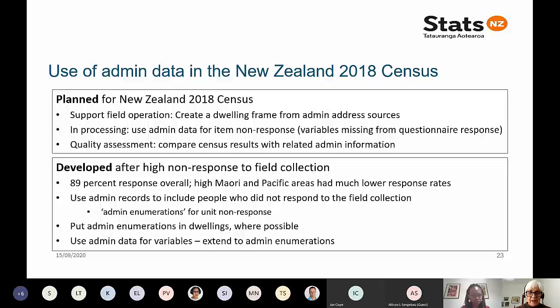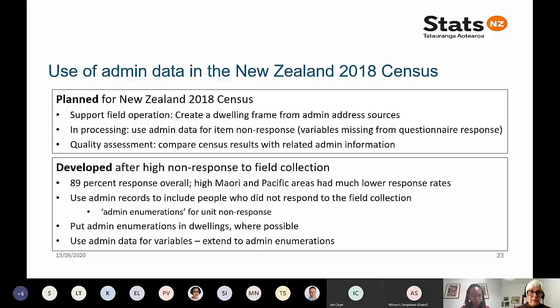However, the census was held in March in 2018, and by April it was fairly clear that our overall response rate was too low. We weren't quite sure at the time what it was going to be, but it was clear that particularly in areas where there were high concentrations of Maori and Pacific people, they had much lower response rates than other areas, but it was also low right across the country.